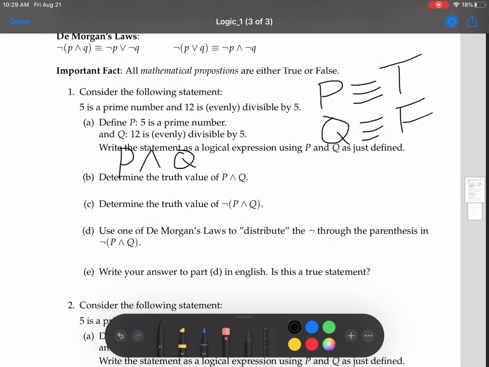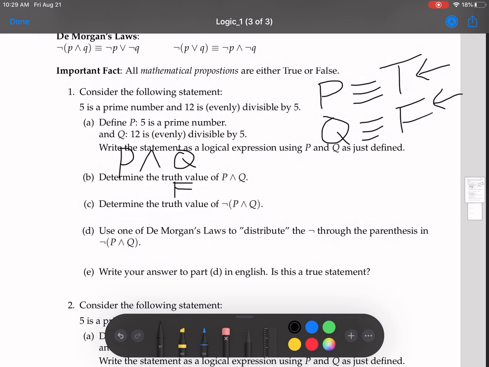An and is true when both parts are true, so it has to be true and true. We already determined that P was true and Q is false. So the overall value of true and false is false.